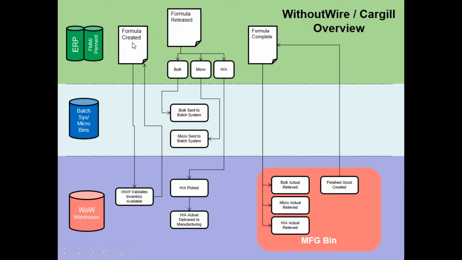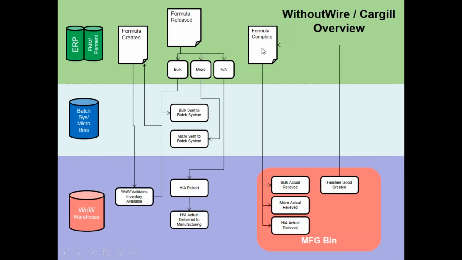But I also wanted to show their workflow because it is interesting as well in that they have their accounting system, a batching system, and our warehouse management. The formula is created, we validate enough inventory is available. The formula is released, and there are bulk, micro, and hand add types of materials that need to go into this, and they come in at different times and sequence, and so that all has to be monitored very closely through the batching system.